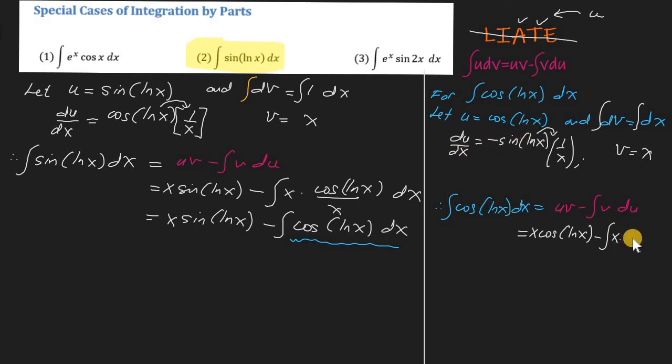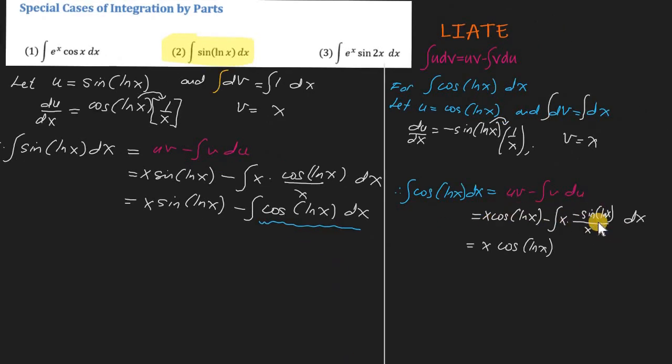Du is a negative of sine ln x over x dx. My space is not enough, so make sure you simplify this. Now it becomes plus x over x. You cancel out the x, so we are still having this integral of sine ln x dx.